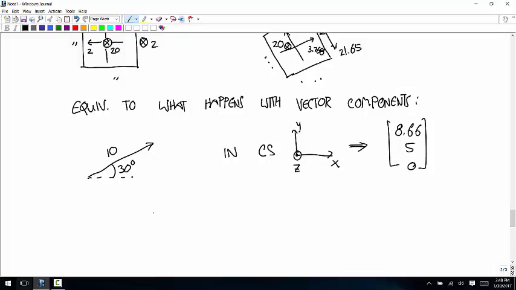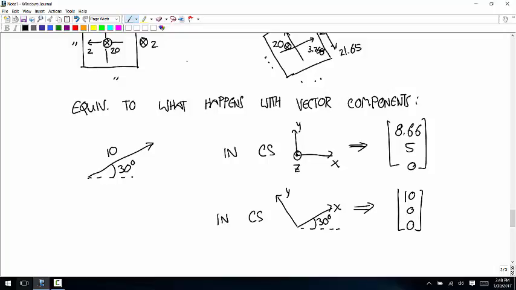In a coordinate system like this, where this is 30 degrees, that vector with a length of 10 is just straight in the positive x direction. So the vector components are 10, 0, 0. Even though the vector didn't change, the fraction of that vector pointing in these different component directions did change. I think that's a good way to think of what's happening here.